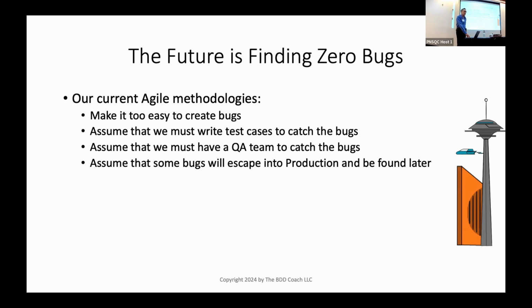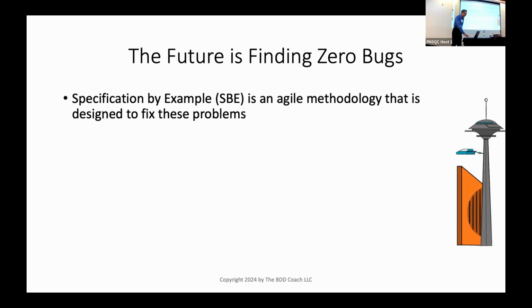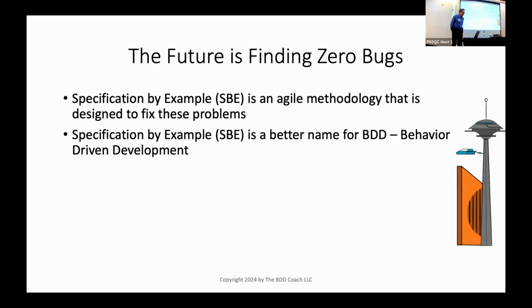So our current methodologies will not solve this problem. But specification by example is an agile methodology that is designed to fix all of these problems. It invalidates all of those assumptions that we just talked about. SBE is a better name for BDD, behavior-driven development.